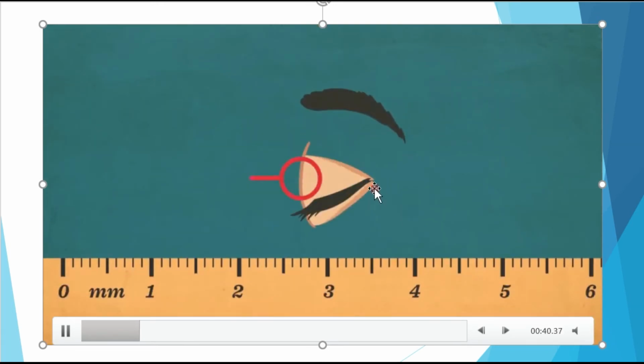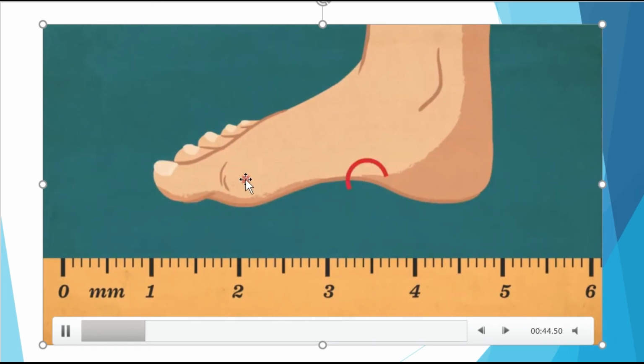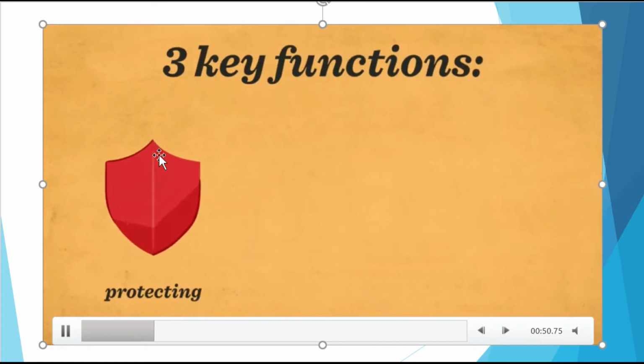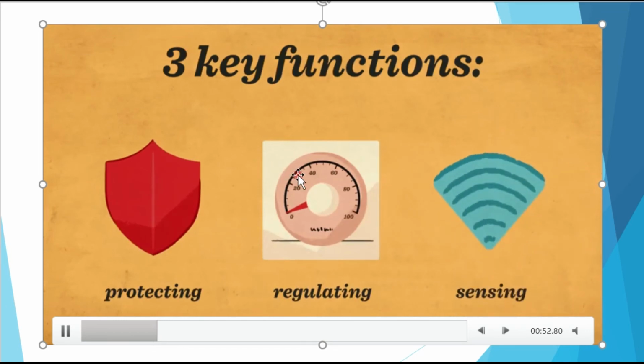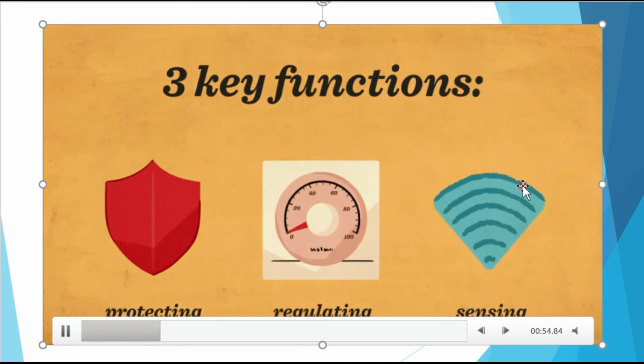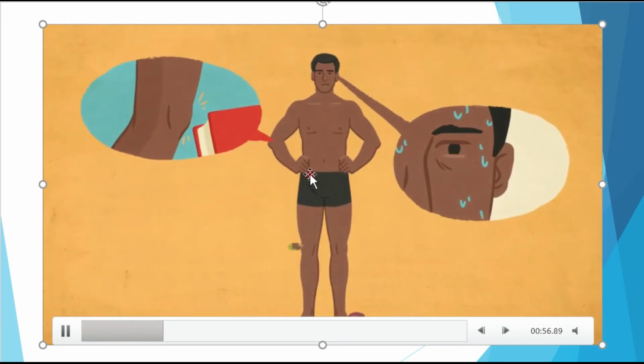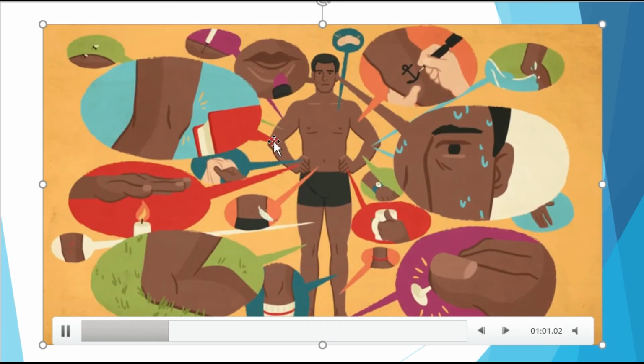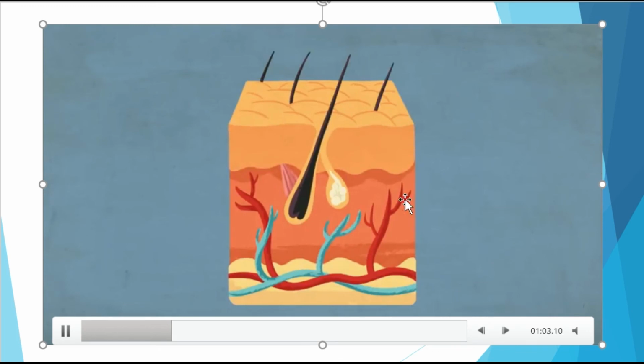It is divided into epidermis and dermis, and it is thin in places and very thick on the soles. The three key functions: it provides protection, regulates body temperature, and serves as a sensory organ. So it performs so many functions. Jack of so many trades.